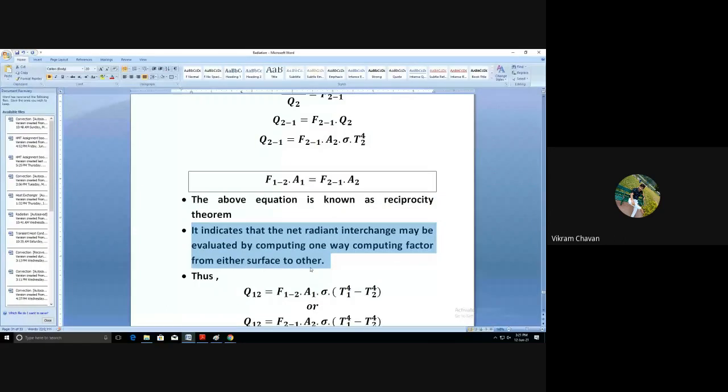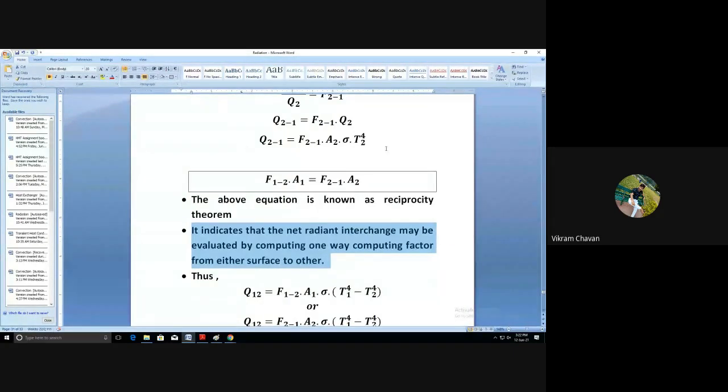It indicates that the net radiant interchange may be evaluated by computing one-way factor from either surface to the other.